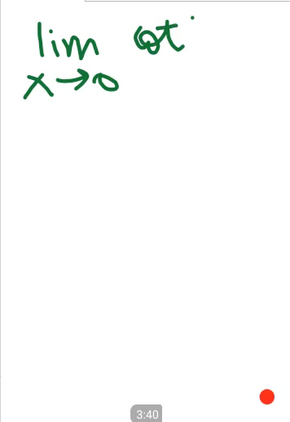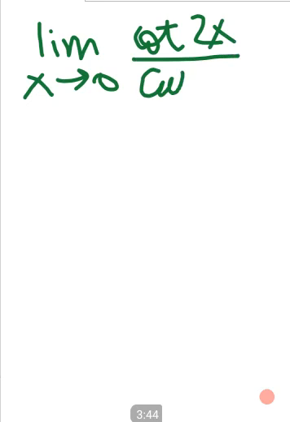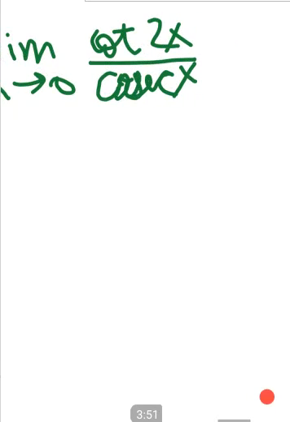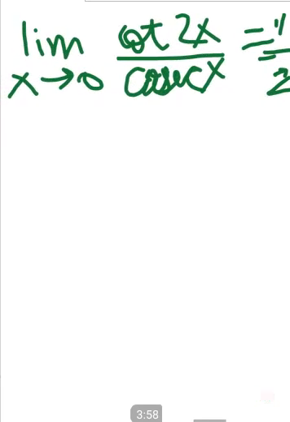The limit as x approaches 0 of cotangent 2x over cosecant x is just 1 by 2. In some limits like this, we need to apply some trick, and then we can solve the question easily. So we'll move on to the next one.